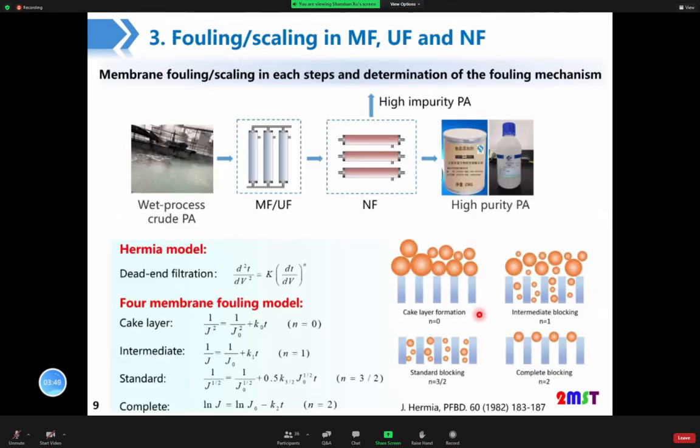We first use microfiltration and ultrafiltration to pretreat the actual wet process crude phosphoric acid, and then use nanofiltration to remove impurities. We also use the Hermia model to determine the fouling mechanism.